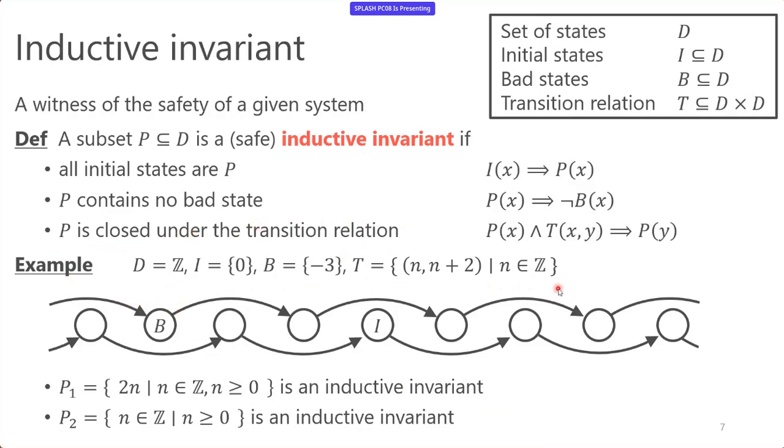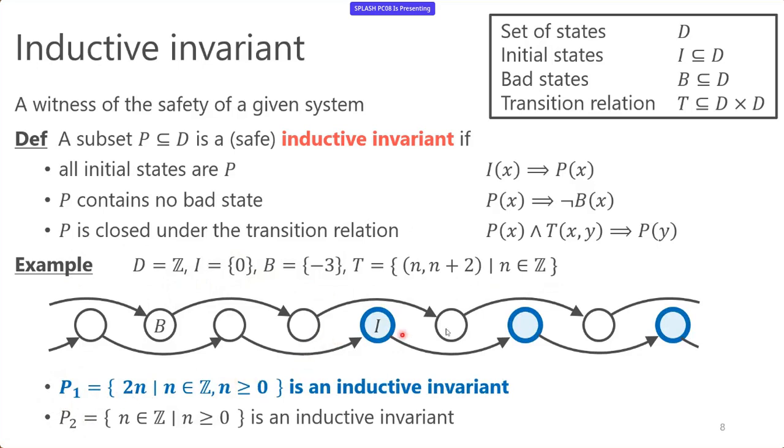This is an example system where the initial state is the singleton set of 0, the bad state is the singleton set of -3, and the transition relation is this one. Here we show two examples of inductive invariants.